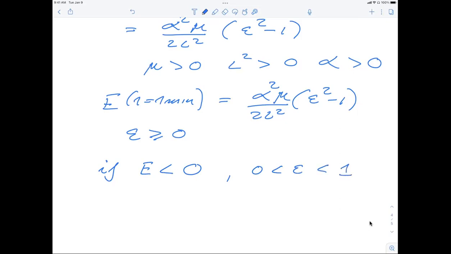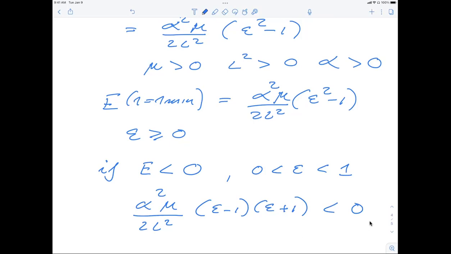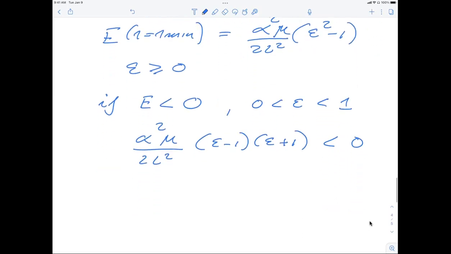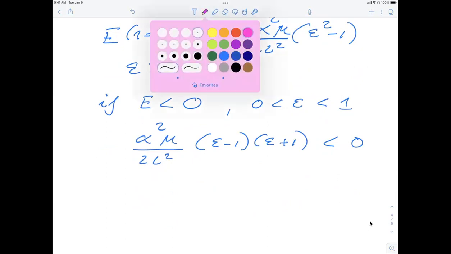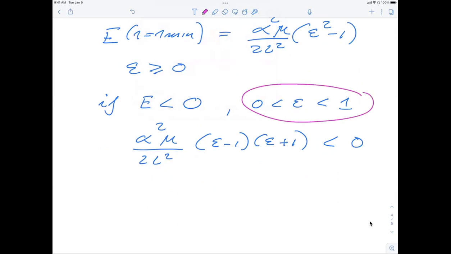Now, if that's the case, we have an equation which has to be satisfied, which is given by 2L squared, and then I can rewrite it as an epsilon minus 1 times an epsilon plus 1 less than 0. So that's the first case. Now, what we haven't done yet is that we haven't defined this one. We haven't said anything about that. The only thing we are saying now is that the energy is less than 0.